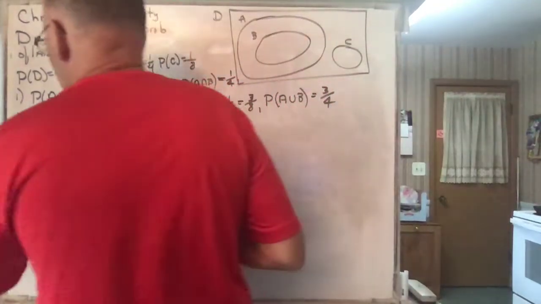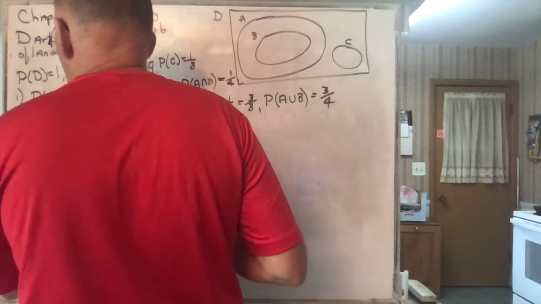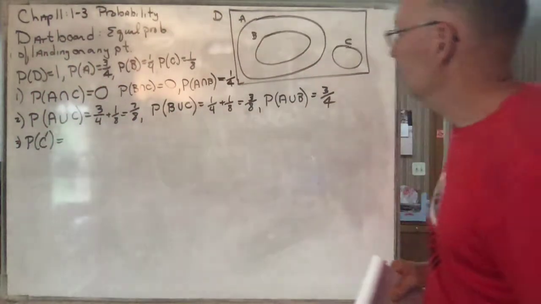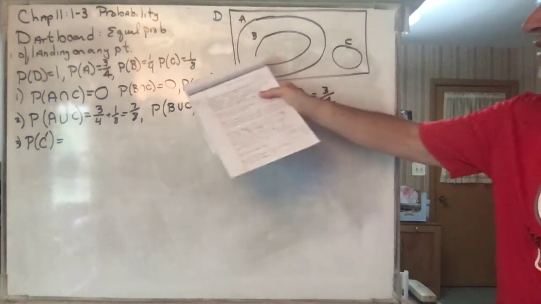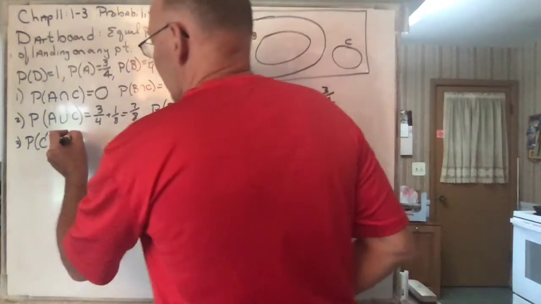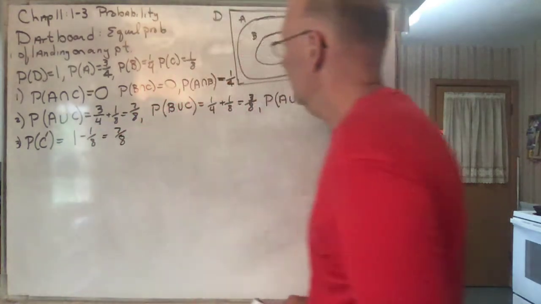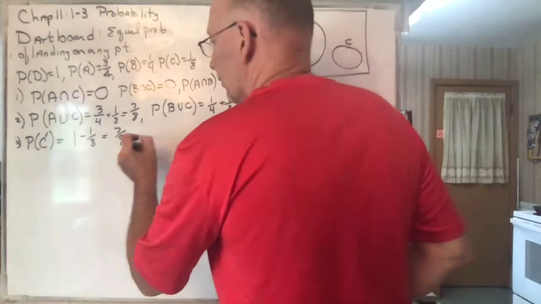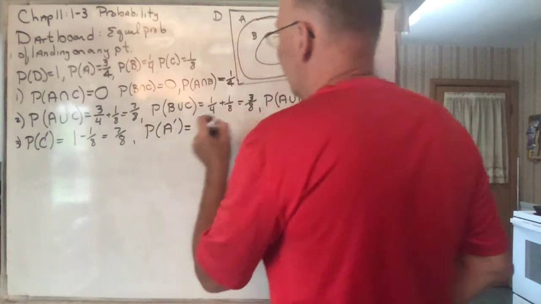Let's do one other thing to review. What's the probability of the complement of C? Remember, the complement means that you did not land in C. Since the probability of landing in C is 1/8, it's going to be 1 minus 1/8, which is 7/8. Okay? And as long as I'm doing them, what's the probability that you did not land in A?